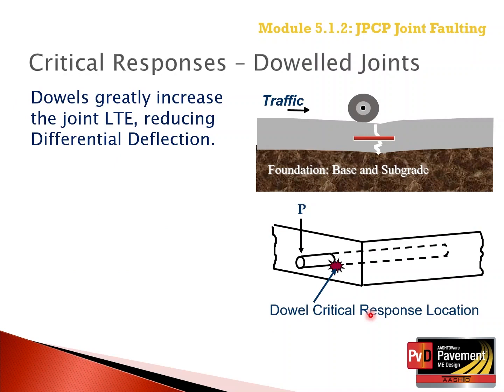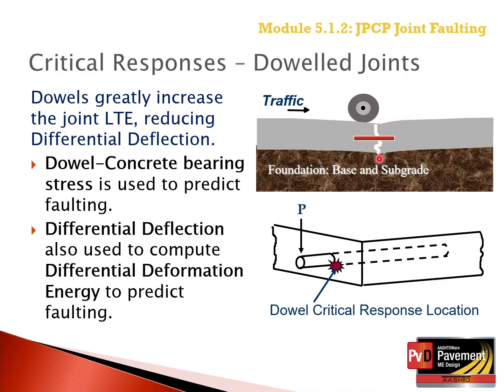For doweled joints, the critical responses and their locations are the same as for undoweled joints. The difference for the doweled joints is the dowels increase the joint load transfer efficiency, which reduces the differential deflection across the transverse joint.